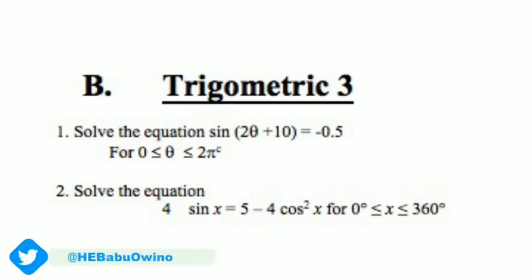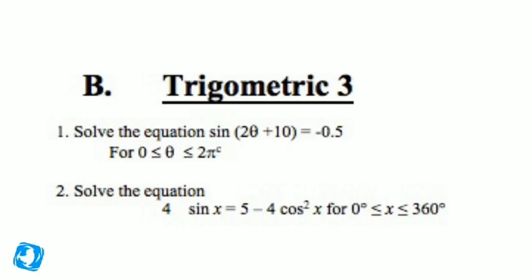But we are further advised for values of theta greater than or equal to 0 and not greater than 2 pi radians. This sign means pi radians. So we want to find the values of theta.